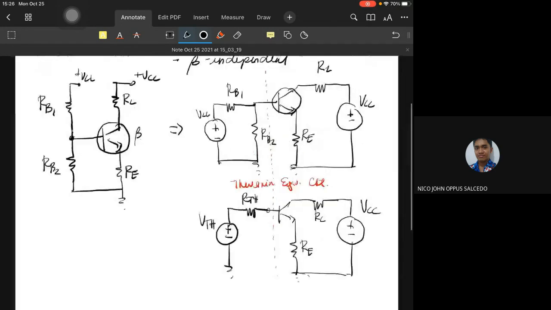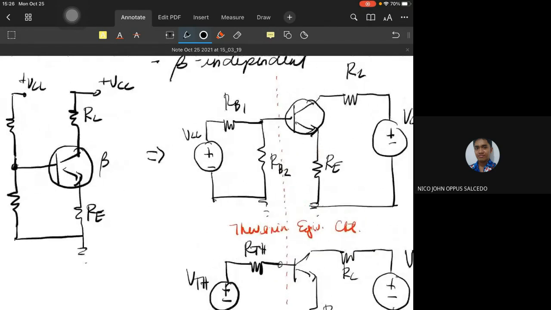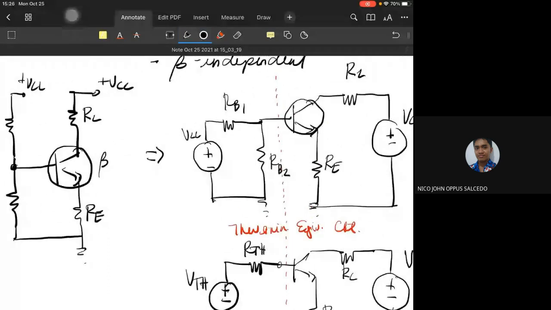Now, what do we do with the voltage source when we perform Thevenin, how do we turn it off? We convert it to a short or open? Short, sir. Alright, thank you. In here, short, no? So it should be shorted.